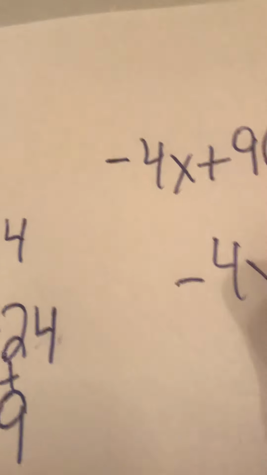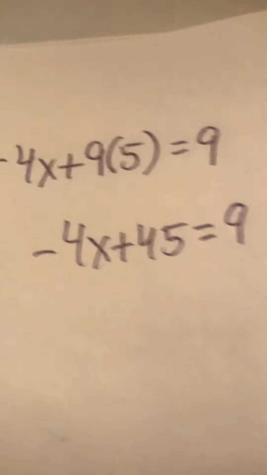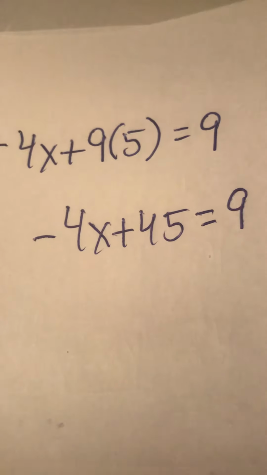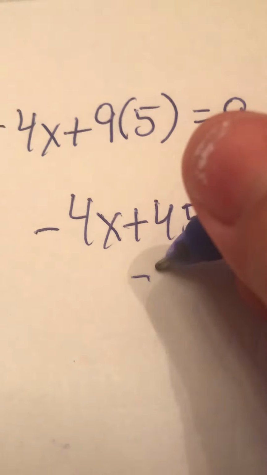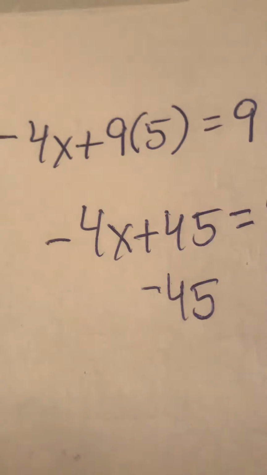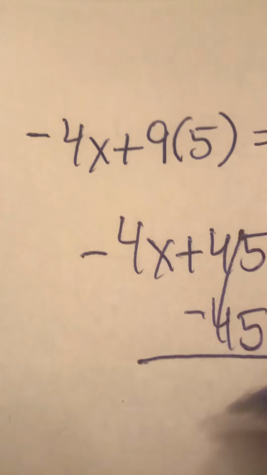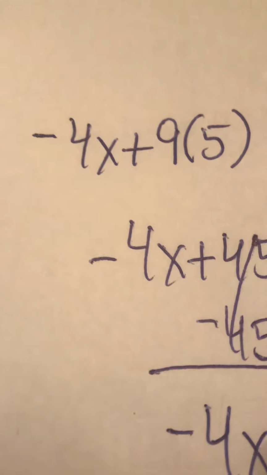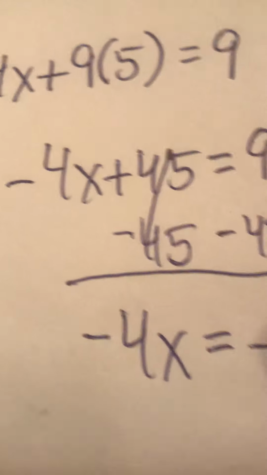So negative 4x plus 45 equals 9. And because now we want to solve for x, we're going to subtract 45 from both sides. We get negative 4x equals 9 minus 45, which is negative 36.